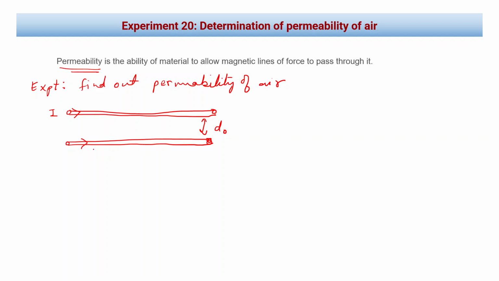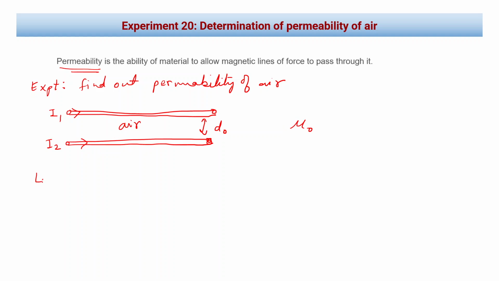So in this experiment, we are considering that I1 and I2 currents are flowing in these two rods, and there is air between them, and we want to find out the permeability of this air medium.